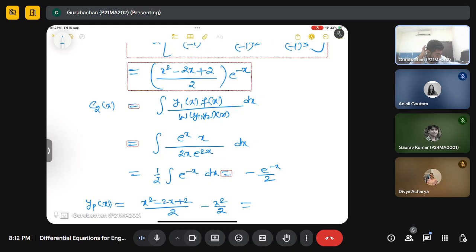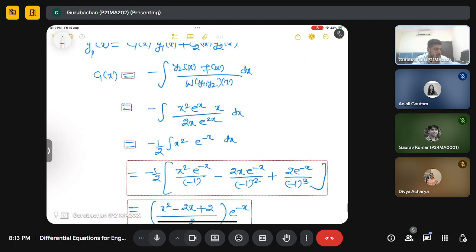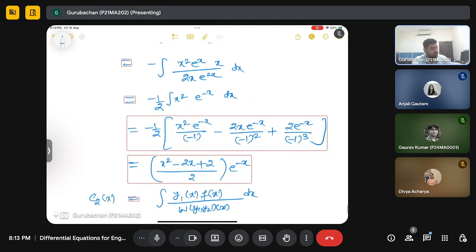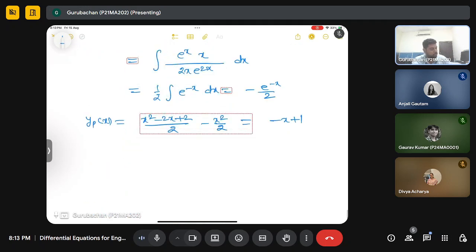So x square by 2 cancels out. This will give you minus x plus 1. So I think there must be some calculation error. Okay, minus minus will be plus now. So since this is plus, this is plus. So this will be x plus 1.